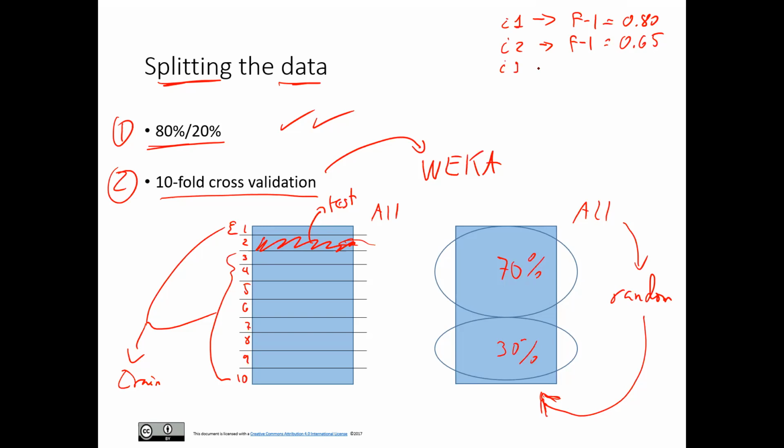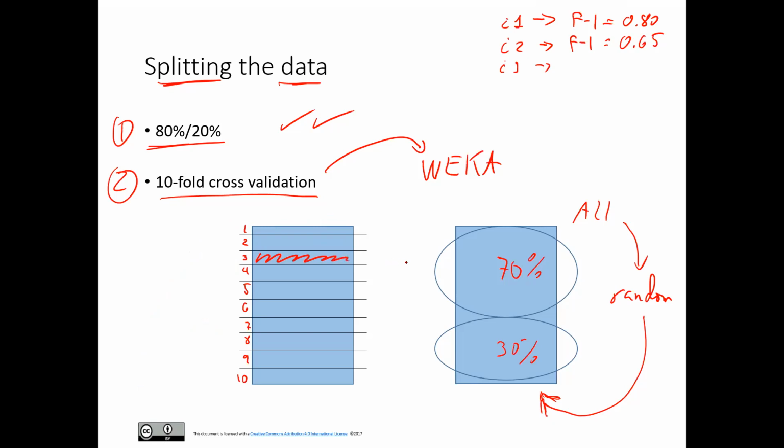Then in iteration 3, you do the same. Now you leave this one out. That becomes test, and train is these 2 and the others over here.